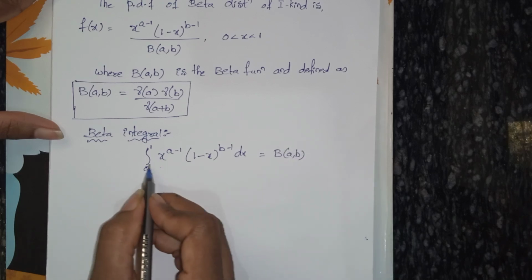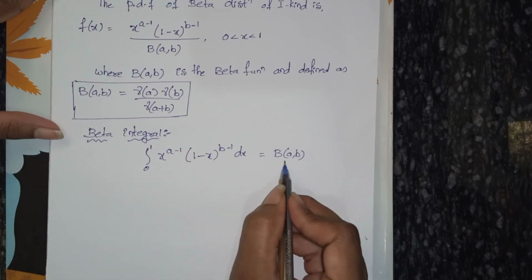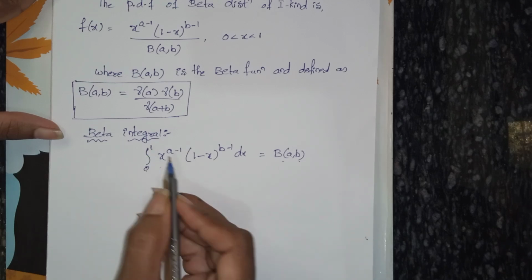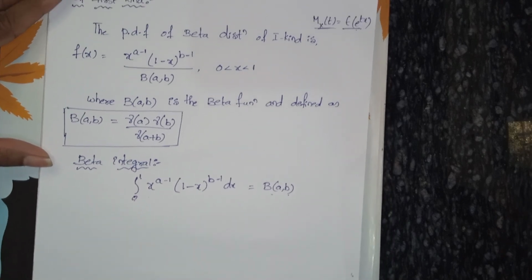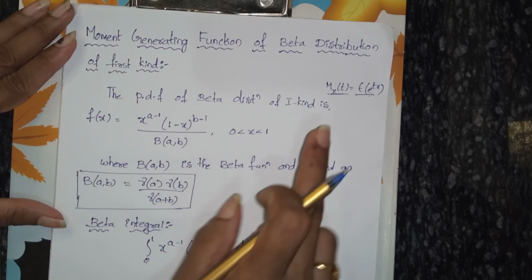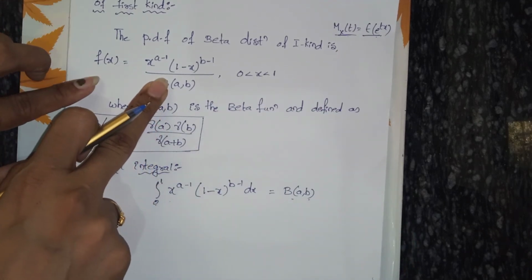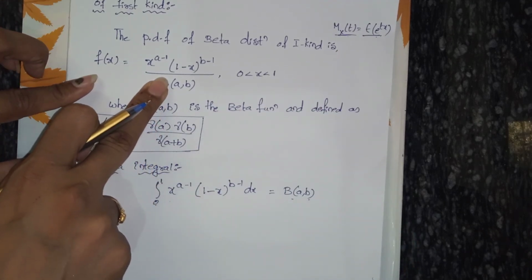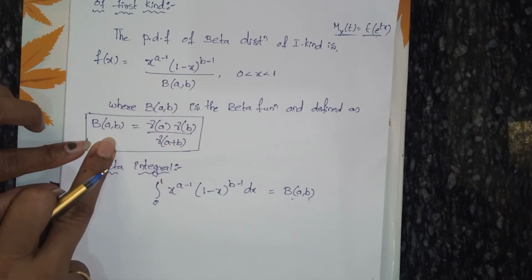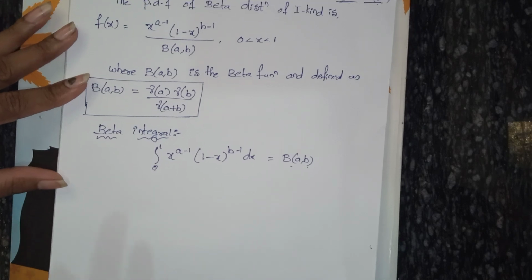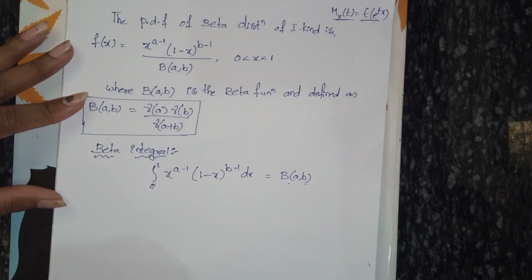That means any term in this form, with the limits from 0 to 1, we can write this way. So to do the moment generating function, you have to remember M_X(t), the probability density function of beta distribution of first kind, the B(a,b) formula, and the beta integral. These four formulas you have to learn. If you know all these formulas, it is very easy to do.